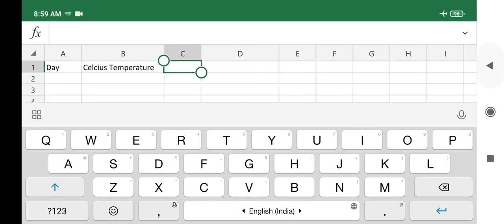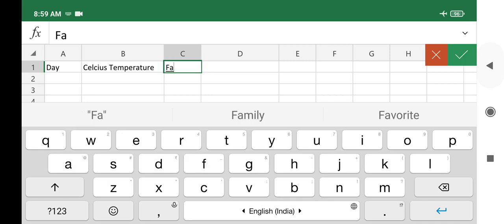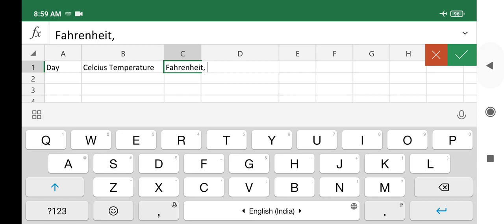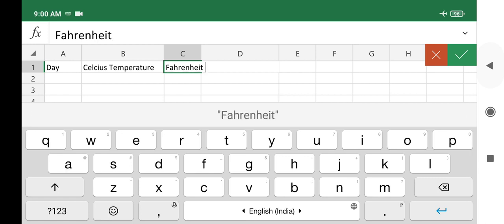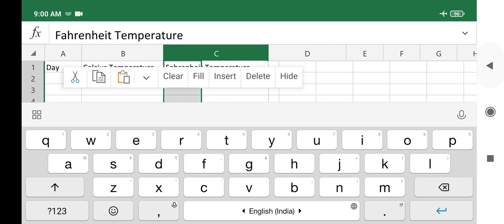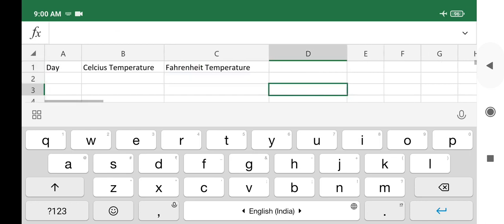Fahrenheit also cannot be fitted, so we will do the same way. I hope this part is clear.